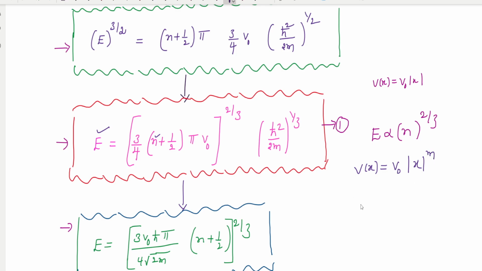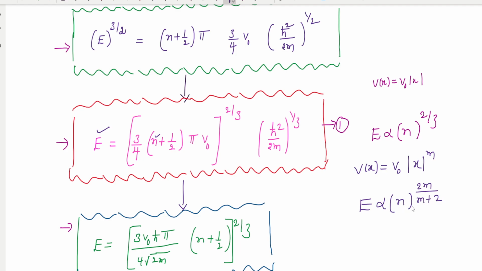Here I'm going to write the formula. Energy depends on the n factor, and I'm going to write it like this: n whole power 2m divided by m plus 2.